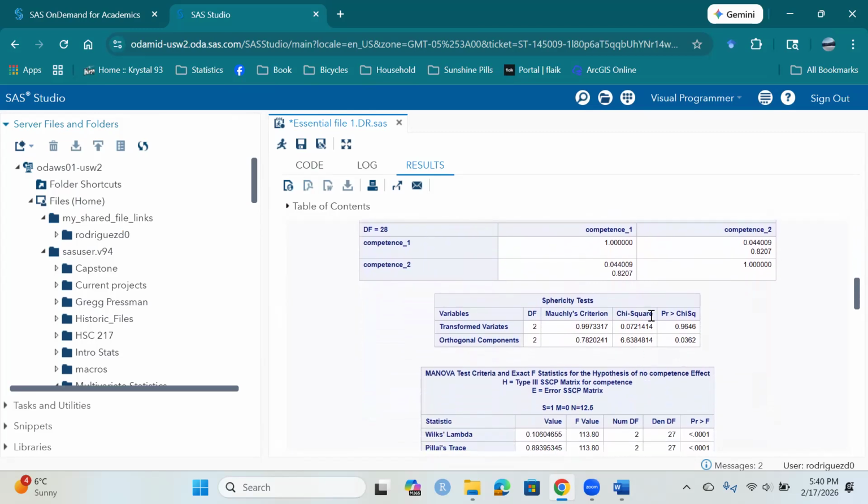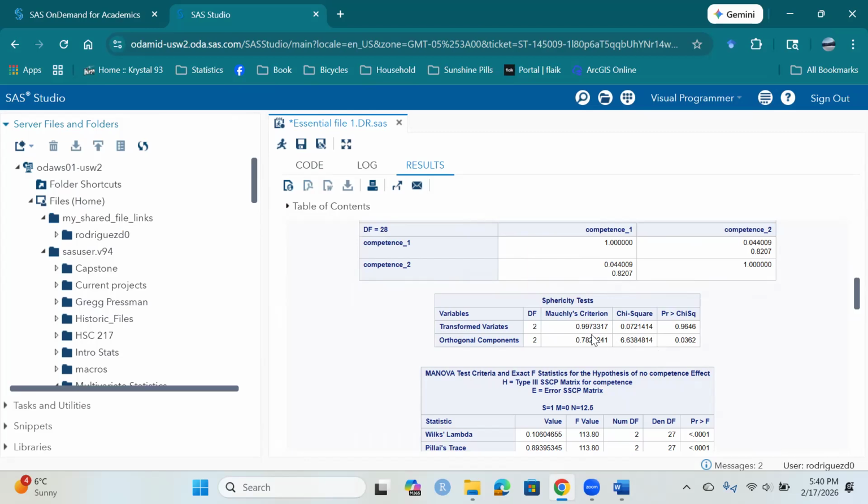But what I really want to look at is things like the test for sphericity. When we look at the test for sphericity, we look at this orthogonal component. This is actually dealing more with something called principal components. We look at how many of these components underlie our multivariate space, and we're interested in this orthogonal one.